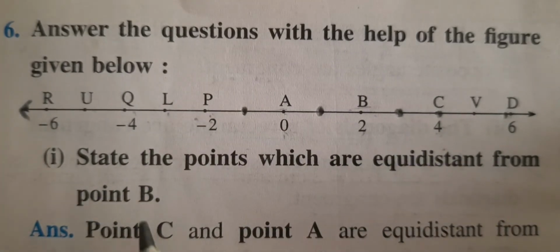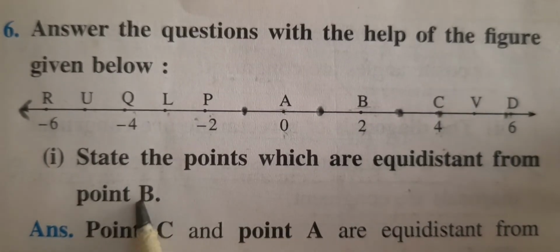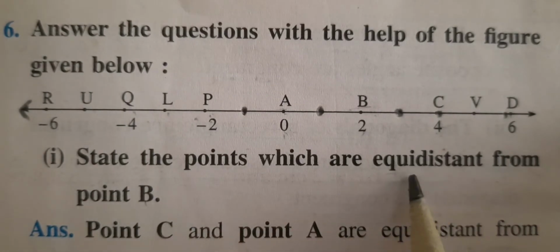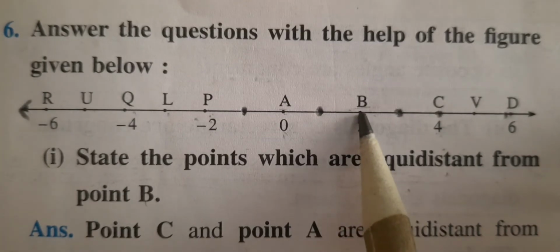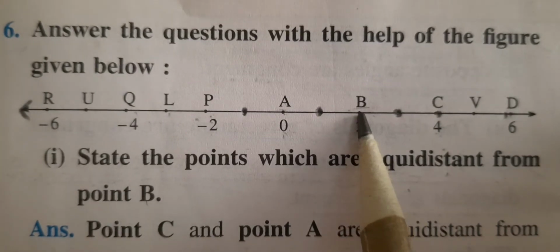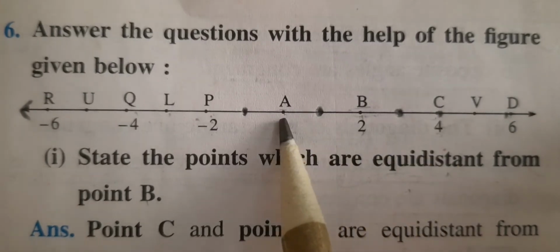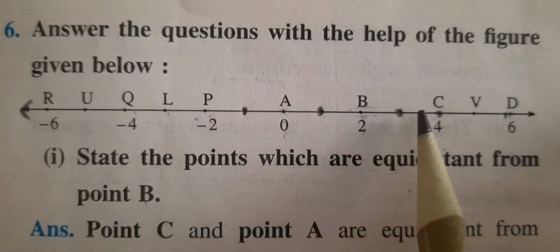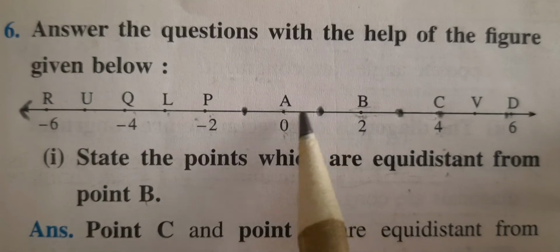Now he is asking, state the points which are equidistant from point B. Equidistant means at equal distance from point B. Now from point B, if you want to take equal distance, it means 2 units to the right and 2 units to the left. So we can see that from point B, point C is 2 units to the right and point A is 2 units to the left.